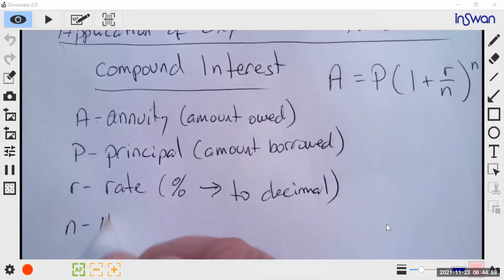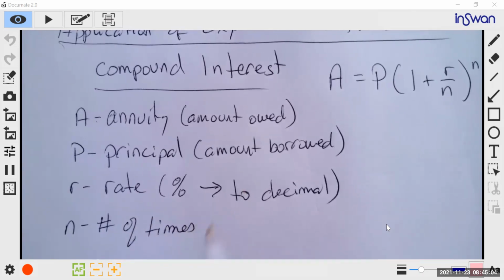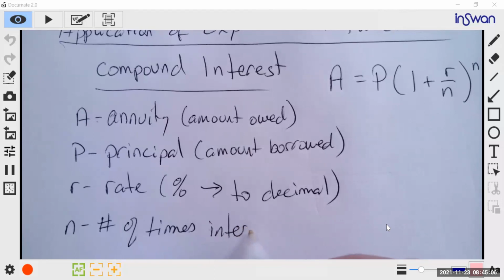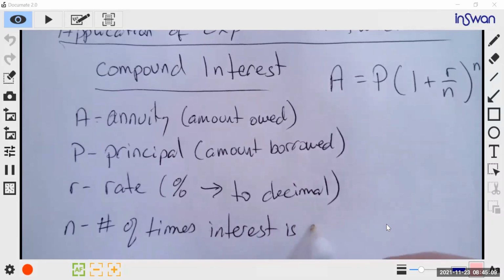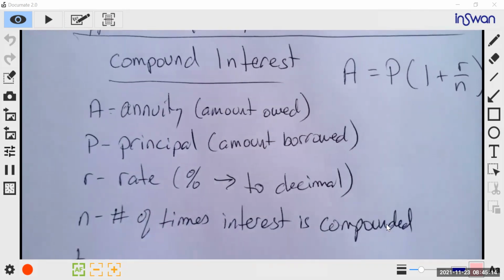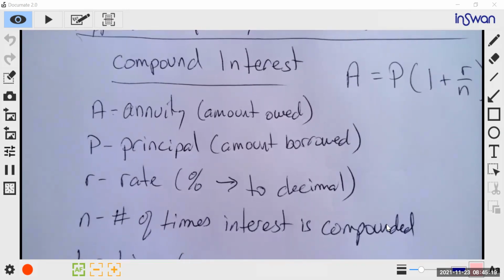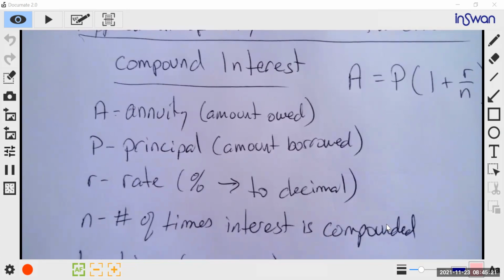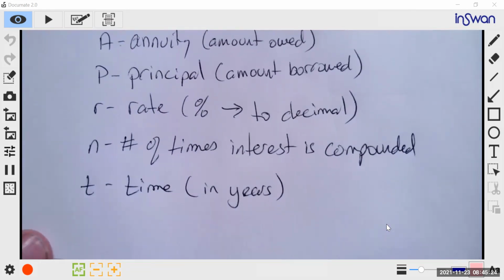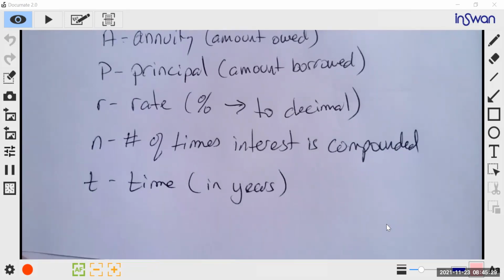N is the number of times interest is compounded. T is time in years. N is a difficult one.